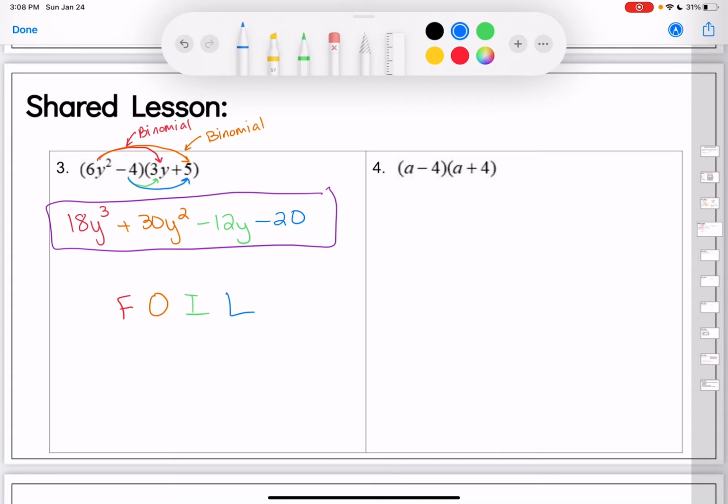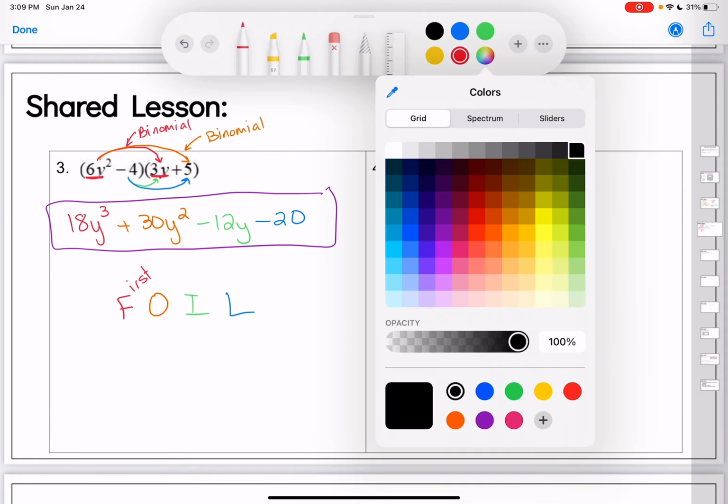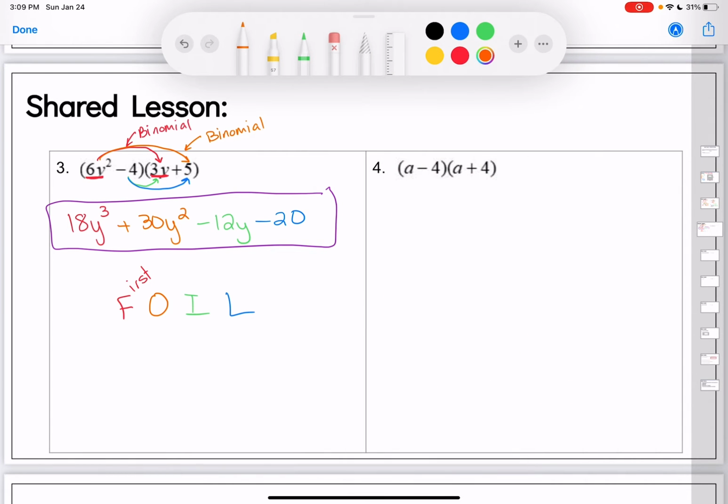F stands for first terms. Notice when I distributed the first time, I did the first term in each parentheses multiplied together. O stands for outsides. My second distribute was the two on the outsides of those parentheses.